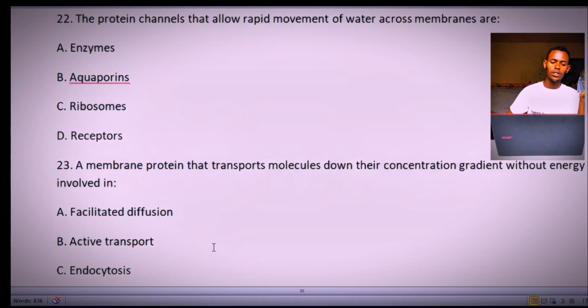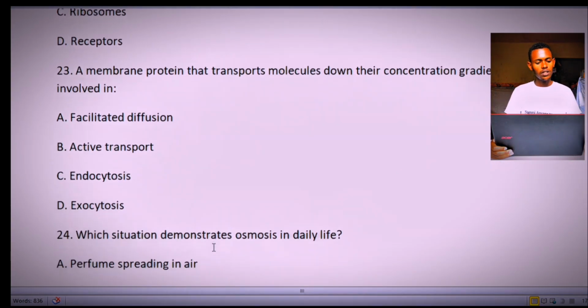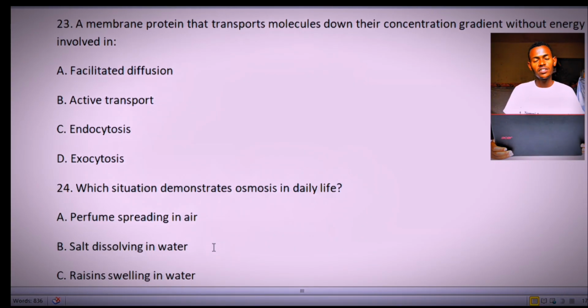Let's go into the 22nd question. The protein channels that allow rapid movement of water across the membrane are A. Enzymes, B. Aquaporins, C. Ribosomes, D. Receptors.